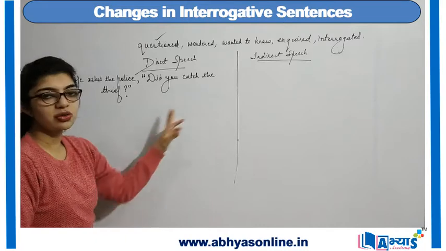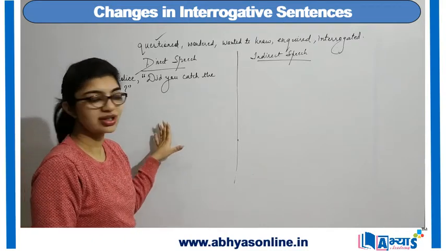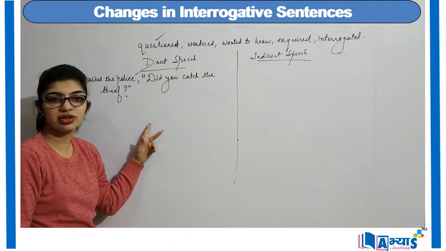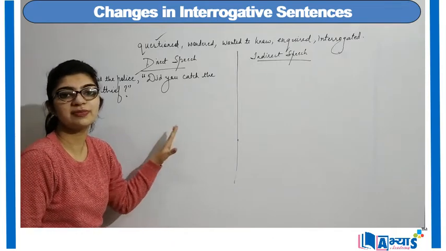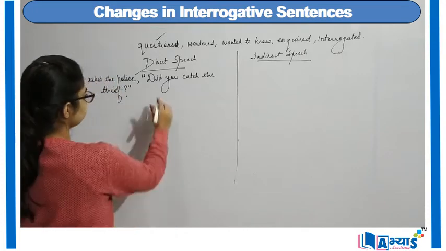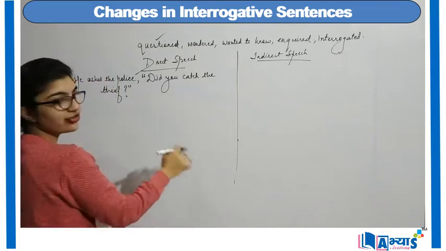Now again, this is a question of yes or no. This is an answer of yes or no. So when we are answering a question of yes or no, we will always make use of either whether or if.